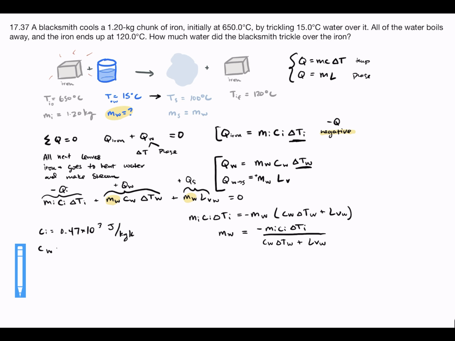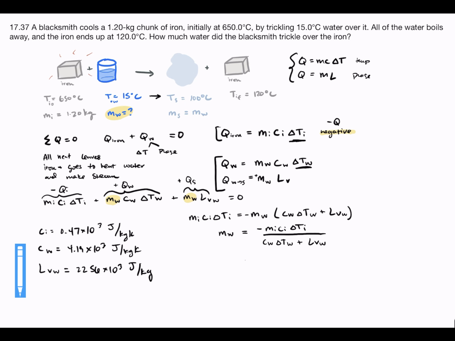The specific heat of water is 4.19 times 10 to the third joules per kilogram Kelvin. And the latent heat of vaporization for water is 2,256 times 10 to the third joules per kilogram.